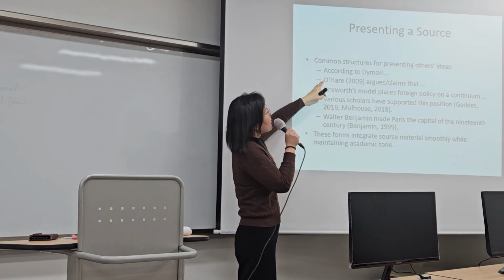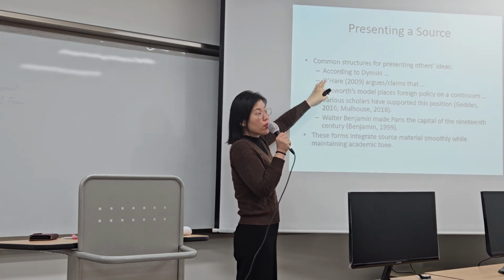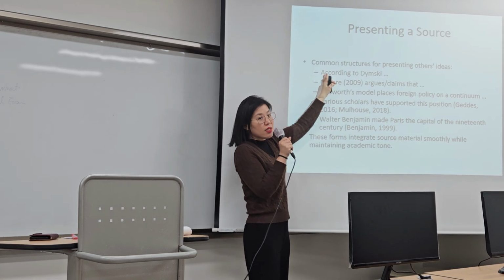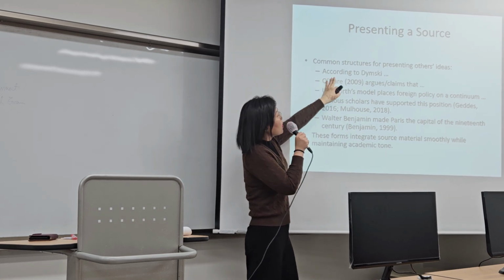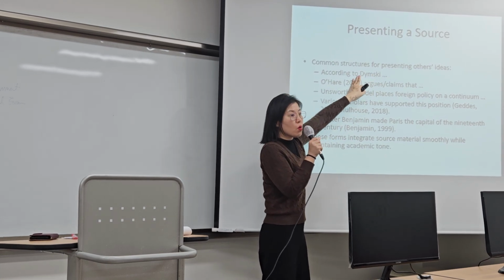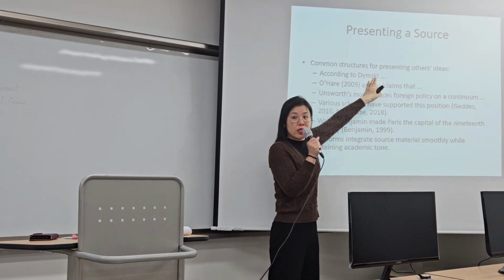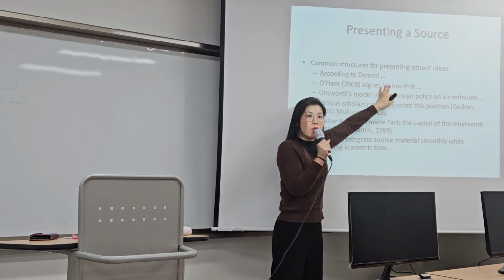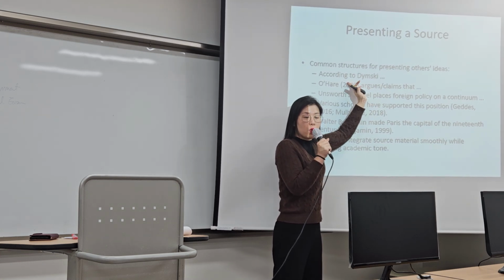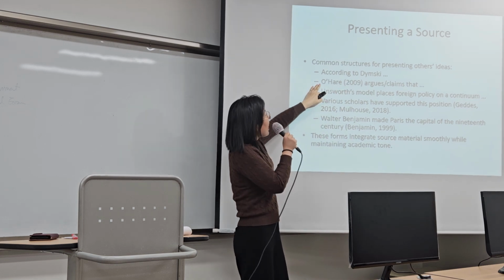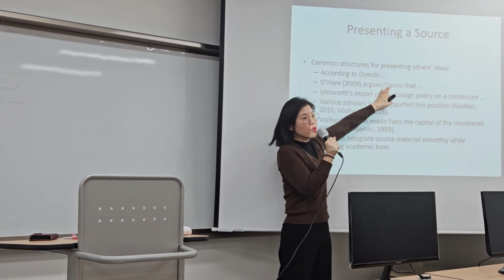When you discuss various sources, you can use these expressions. According to the source, okay? According to Kim 2015, and you illustrate the point made by the source. "According to" is the most commonly used one.